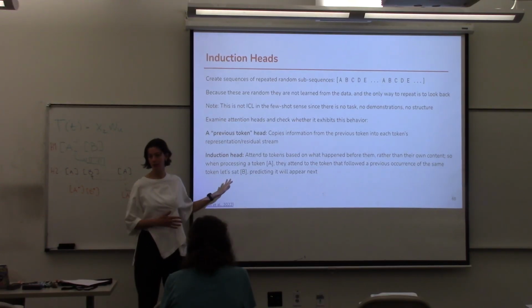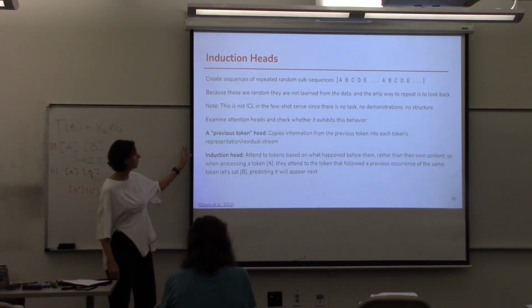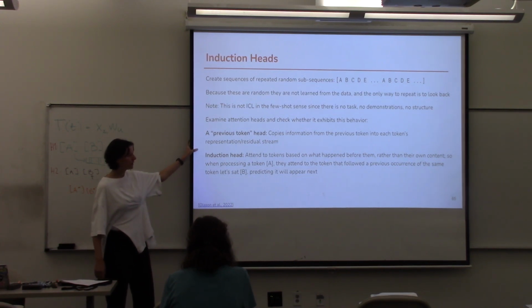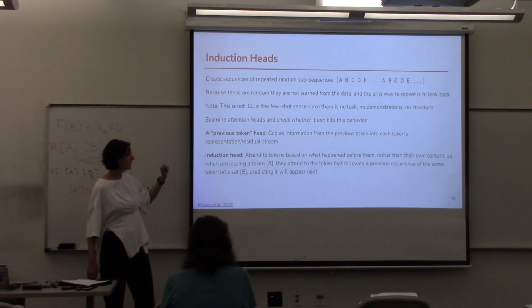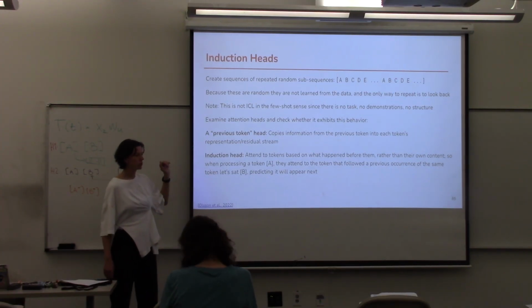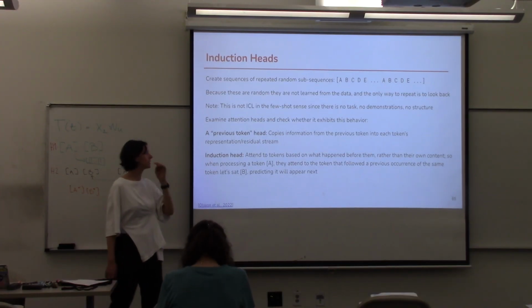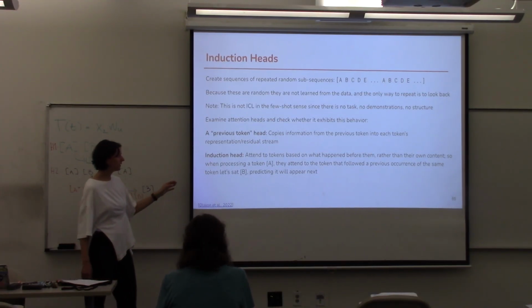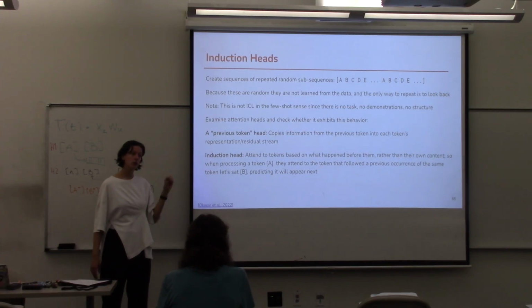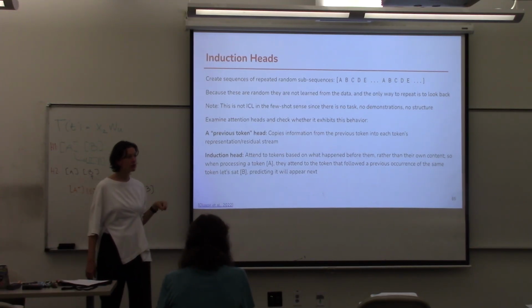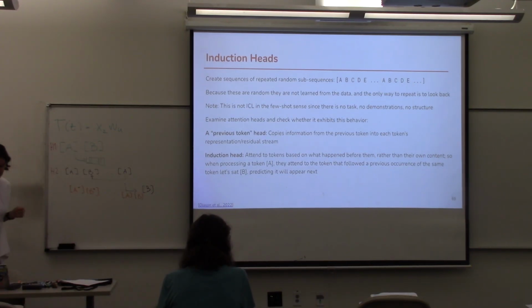Now your question here comes in handy, how exactly are they reading those matrices, and we are not going into that level of detail. But if they observe that the attention head is copying information from the previous token into each next token's representation, then they define the induction head as a head that attends to the token based on the information of the previous token, not on its own token.